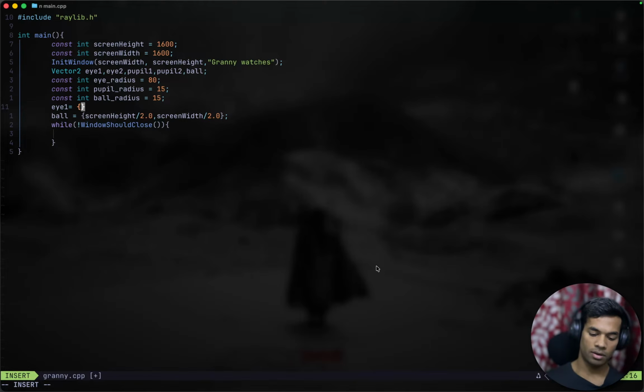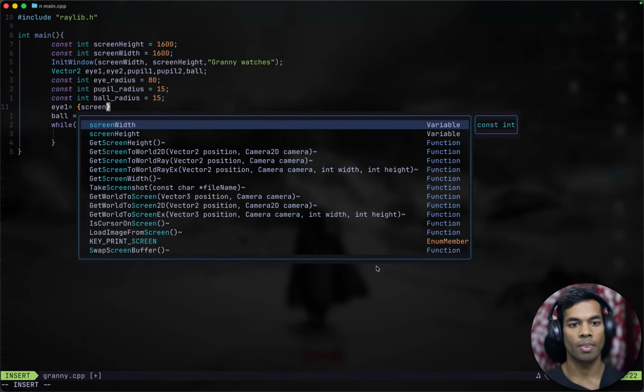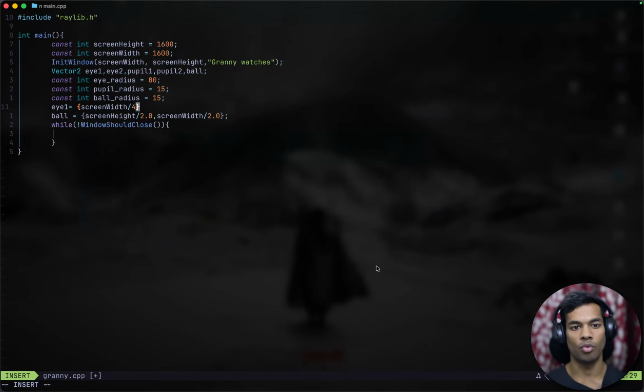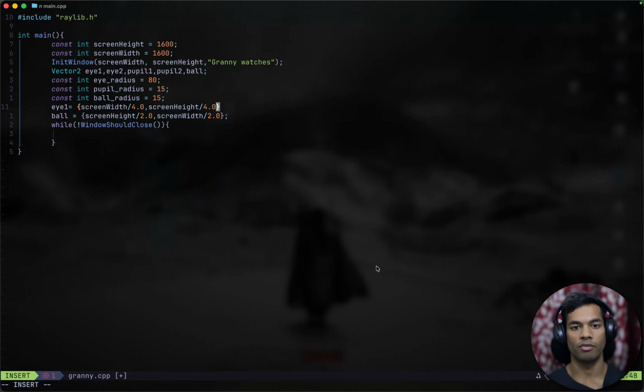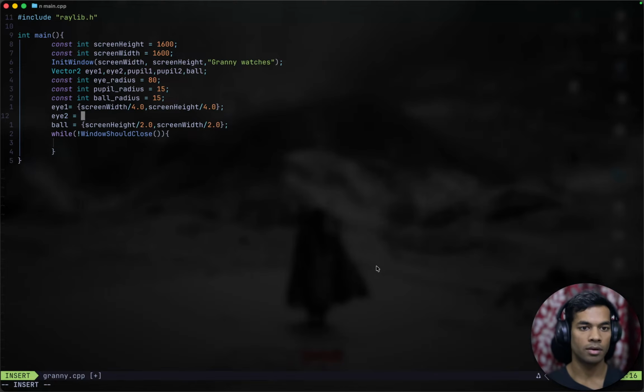And what else? Yes, we also have to initialize I1. For I1, the x value would be screen width divided by 4.0, and the y value, screen height divided by 4.0. But for I2, the x value would be a bit different.